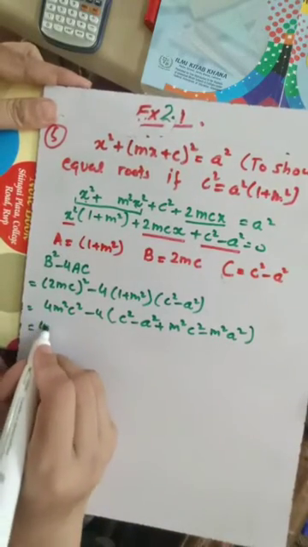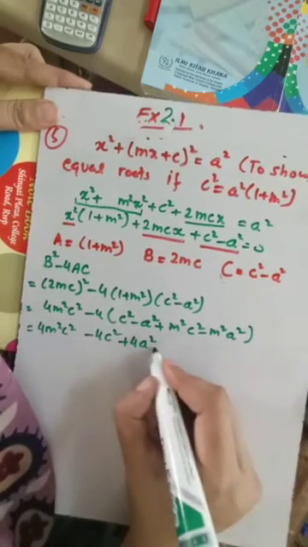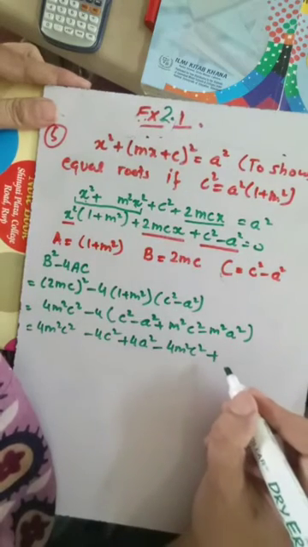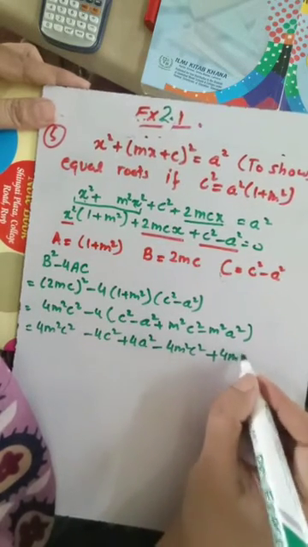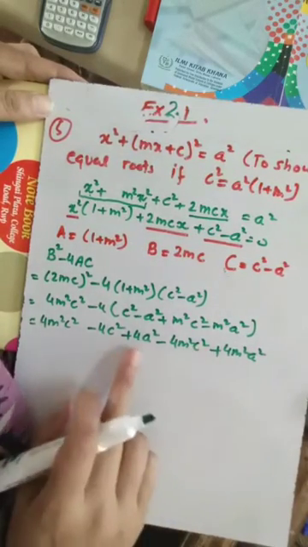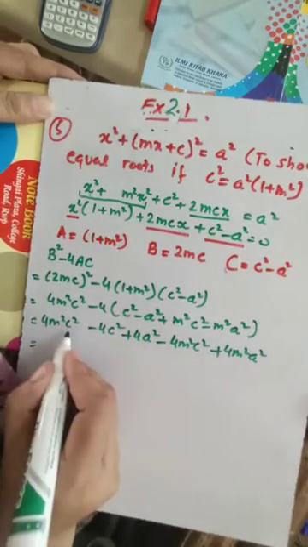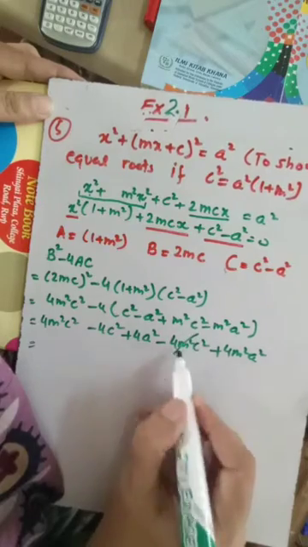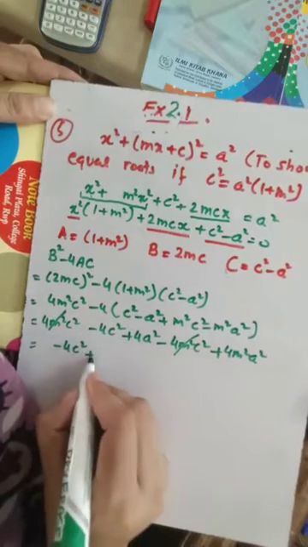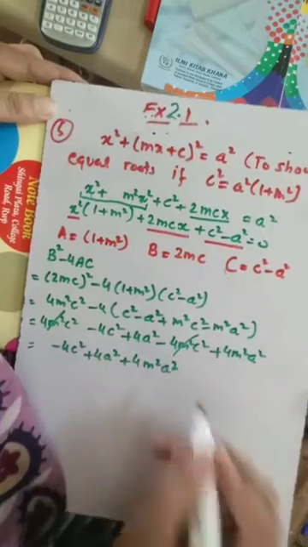Now multiplying 4 with it, okay. So let me check whether it's absolutely correct or not. Yes, okay. Now 4 m square c square, over here we have negative 4 m square c square, so this will be cancelled out with this, okay, and the rest is negative 4 c square plus 4 a square plus 4 m square a square.